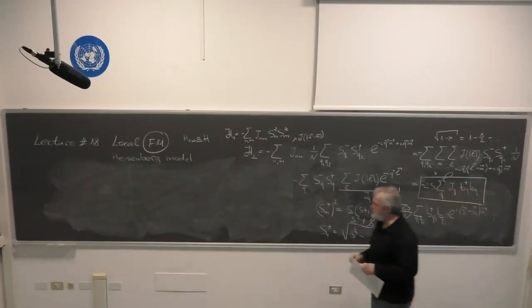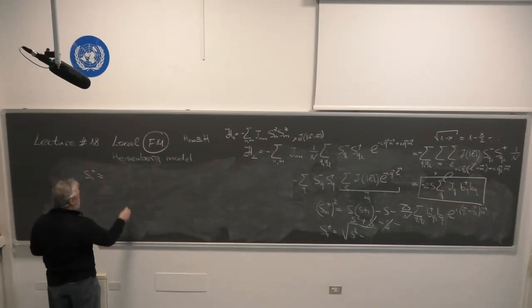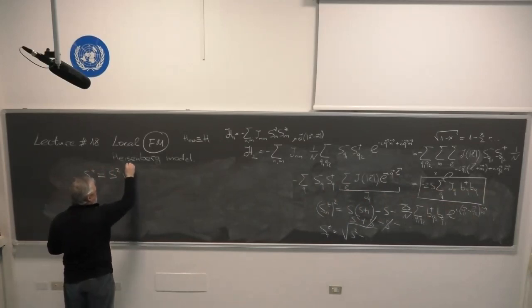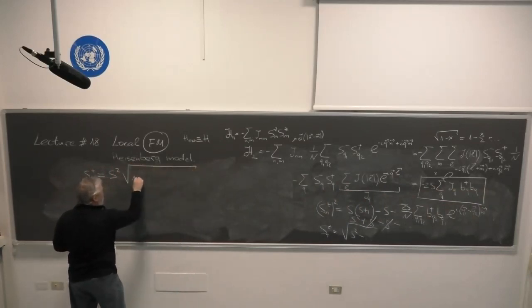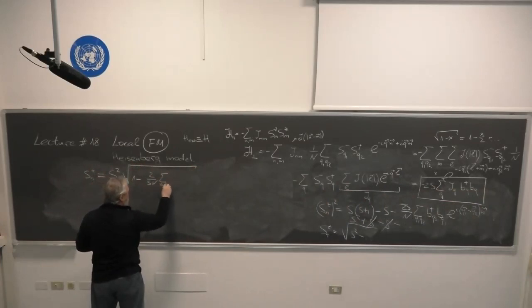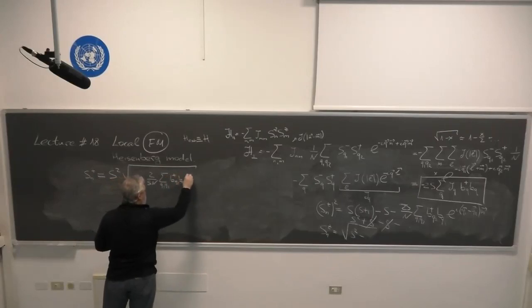First of all I write down that S_n^z is exactly equal to the square root of S squared times 1 minus 2 over SN sum over q1, q2, b†_{q2} b_{q1} e to the power i(q1 minus q2)n.